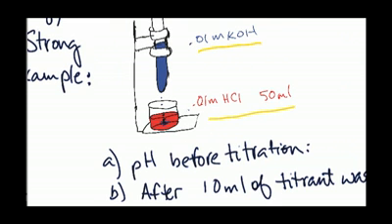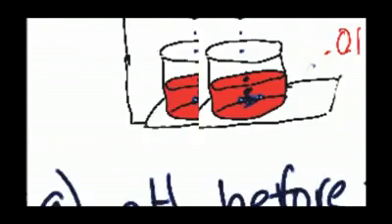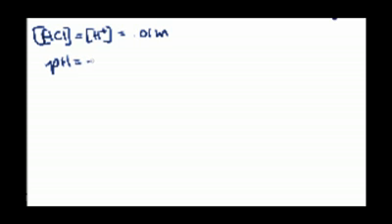I'm going to zoom in a little bit to create some more space. The concentration of hydrochloric acid is going to equal the concentration of your protons, which in this case is 0.01 molar, and then pH is equal to negative log of your protons, so negative log of 0.01.